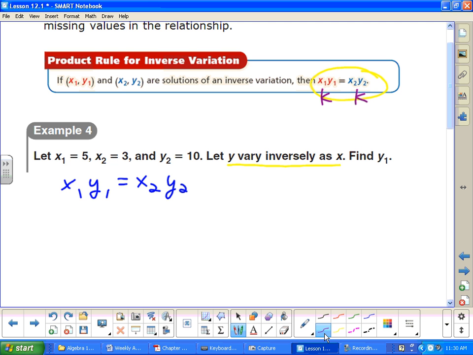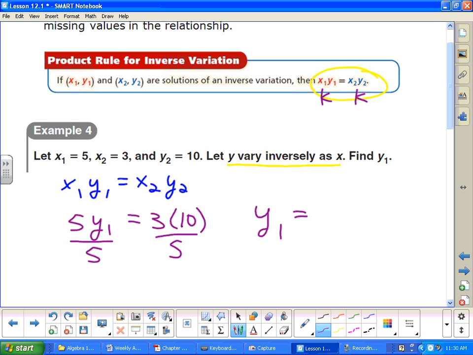All right, so x sub 1 is 5. x sub 2 is 3. y sub 2 is 10. And we're going to find y sub 1. So then we just divide both sides by 5 and get that y sub 1 equals 30 divided by 5, which is 6.